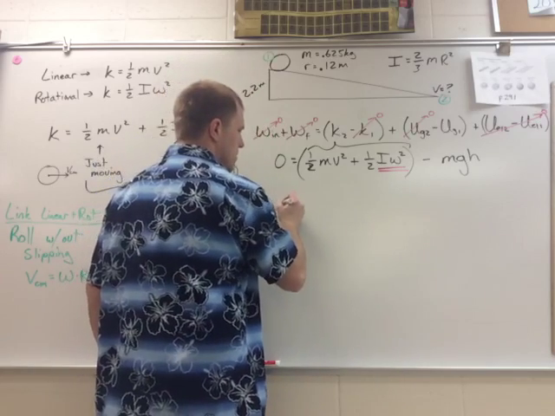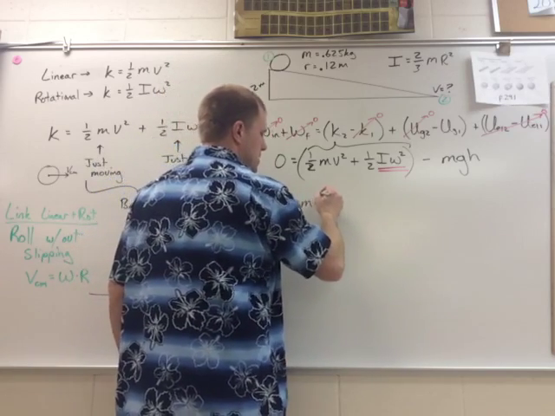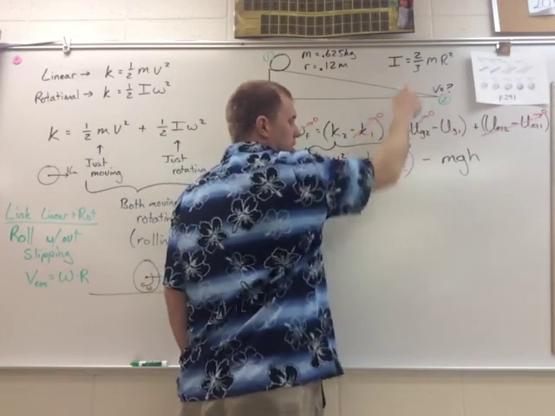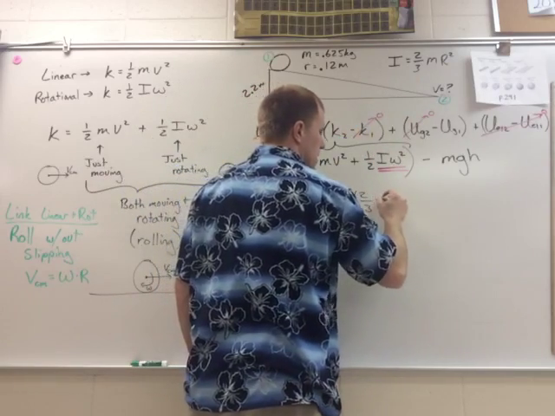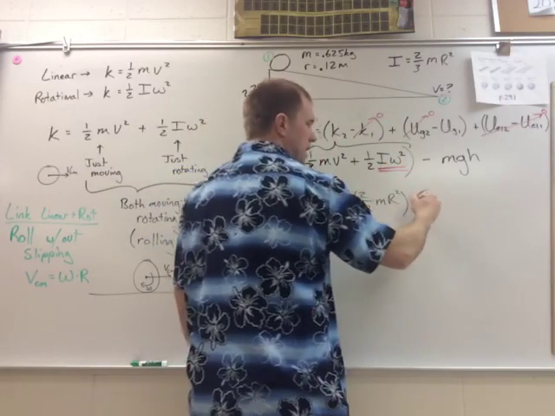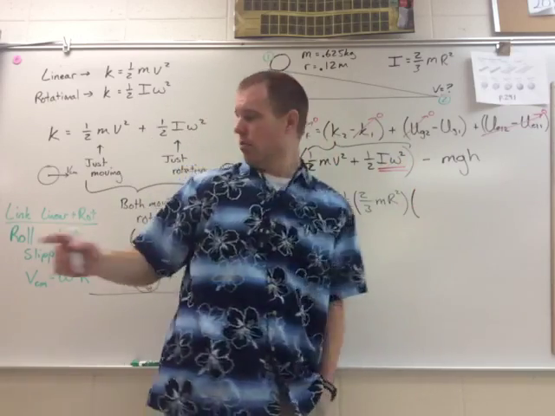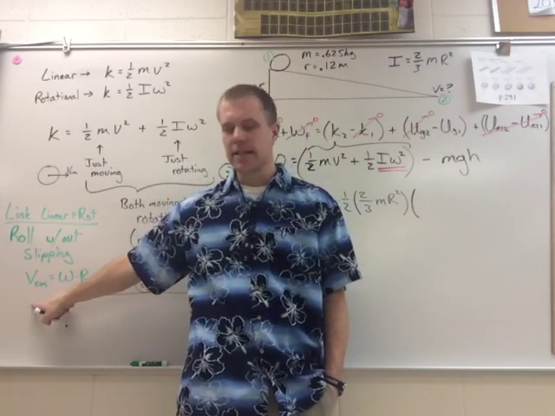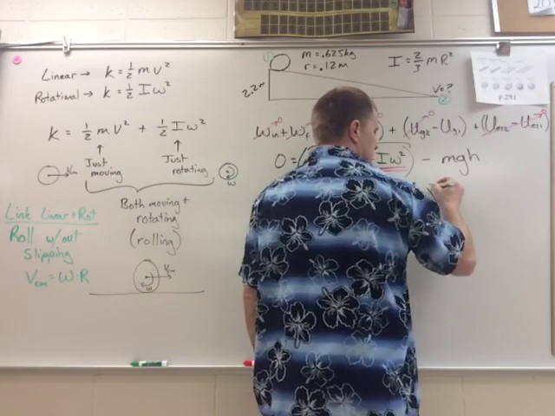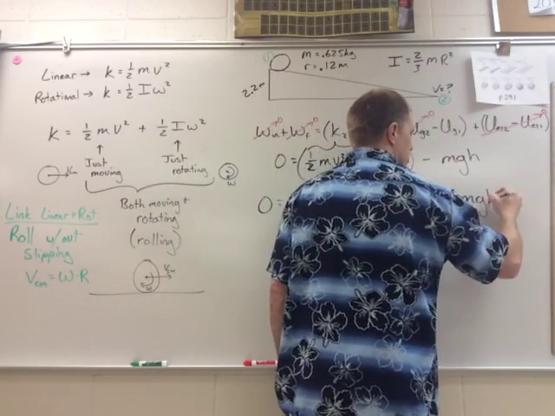So I have 0 is equal to 1/2 mv squared plus 1/2 times I. For our hollow sphere, it's 2/3 mr squared. And for omega, because it's rolling, omega is going to be velocity divided by the radius of the object, quantity squared, minus mgh.